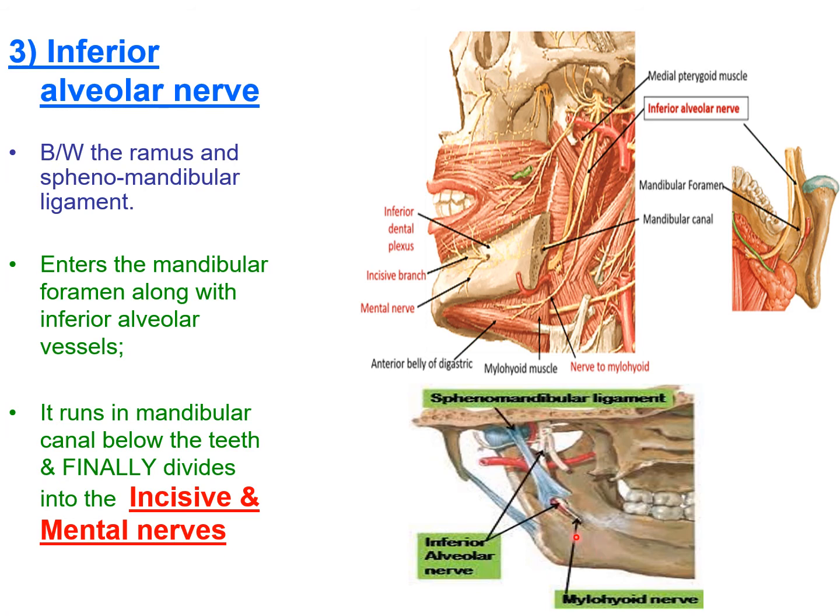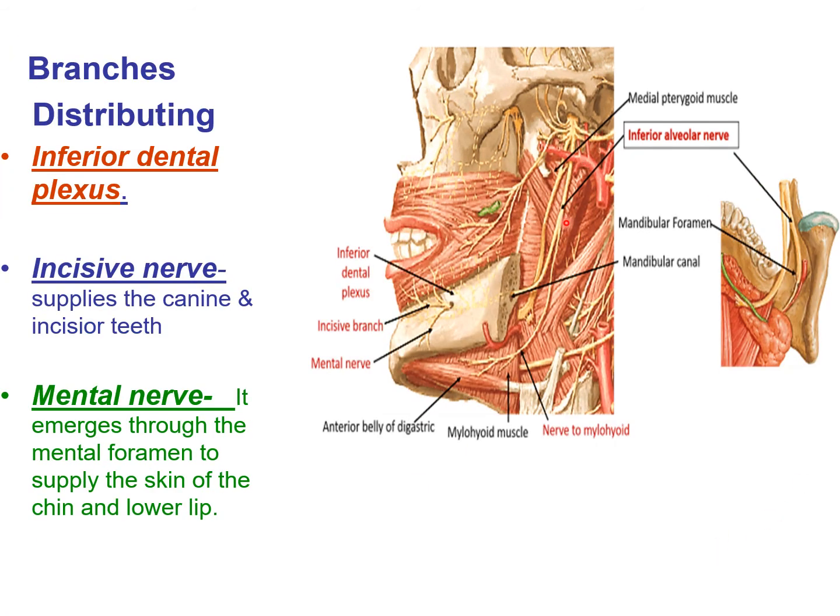Within the mandible, it runs in the mandibular canal and it divides into the incisive nerve and the mental nerve. Talking about the branches of the inferior alveolar nerve, the branches from the mandibular canal supply the molar as well as premolar teeth and the gums after forming the inferior dental plexus.